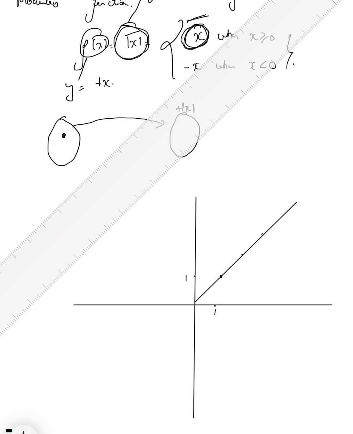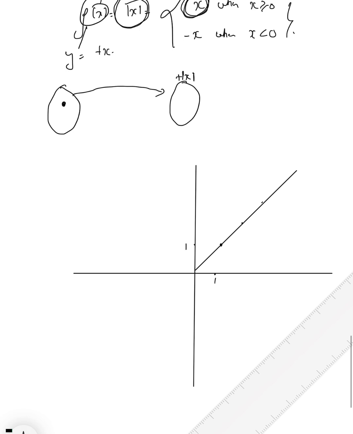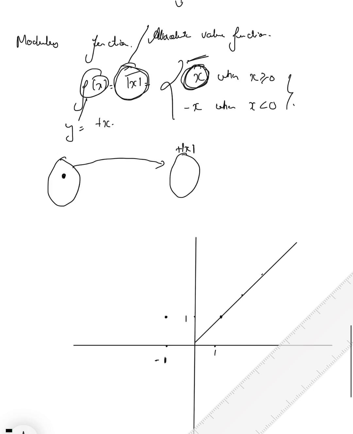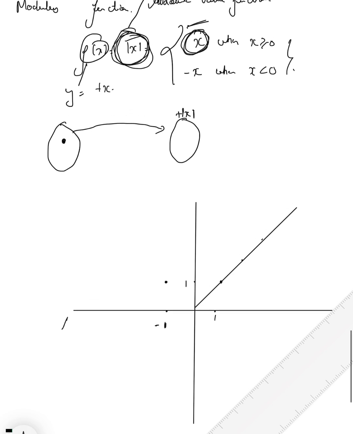But now what for minus 1? If we put minus 1, we get 1. I told you, you always get the positive value of x no matter what you put. And if you put minus 2 here, you get not minus 2, you get plus 2.